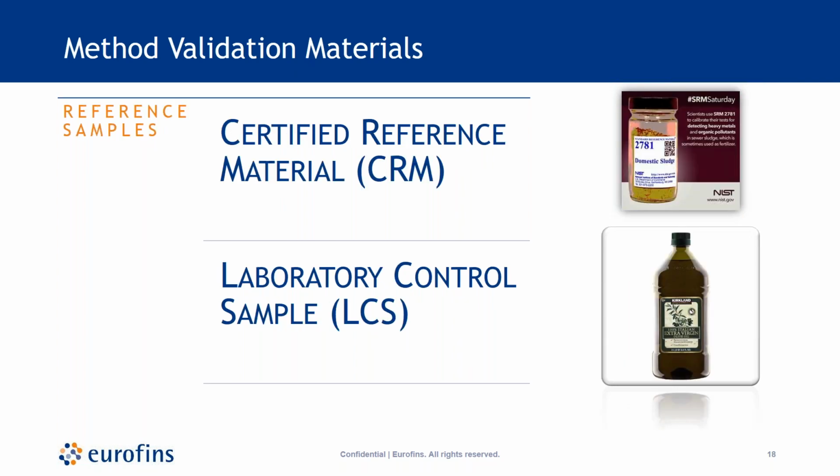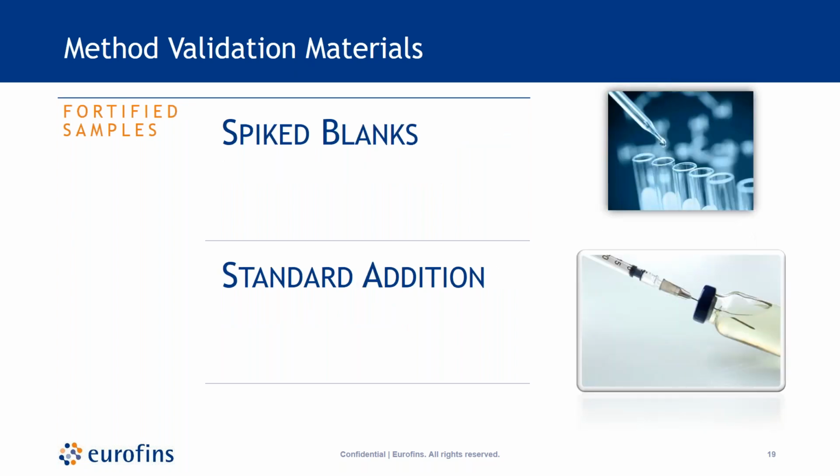So for reference samples, it's always going to be ideal when doing a validation to have certified reference materials, but that's not always the case. Sometimes we have to make our own as a laboratory control sample. Sometimes that's as a blind or handled internally. Fortified samples.